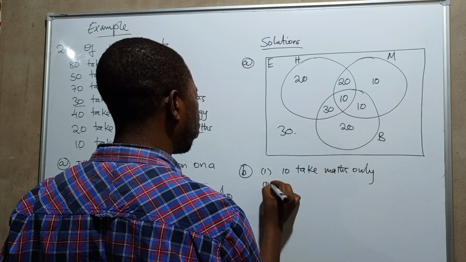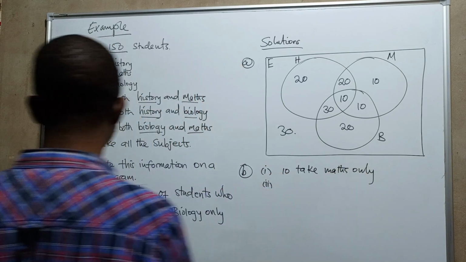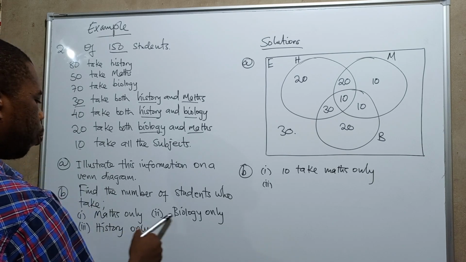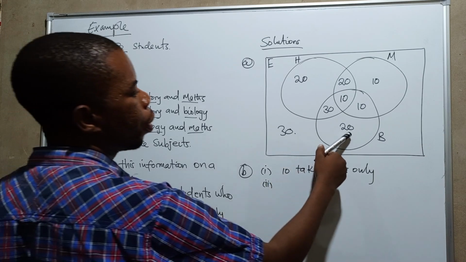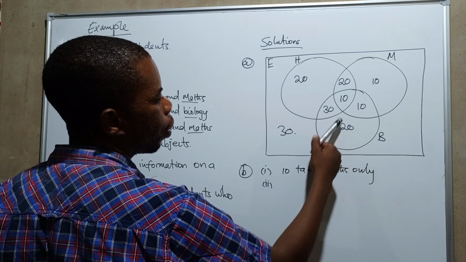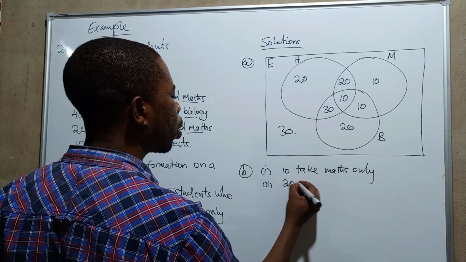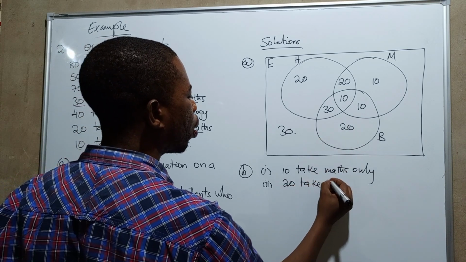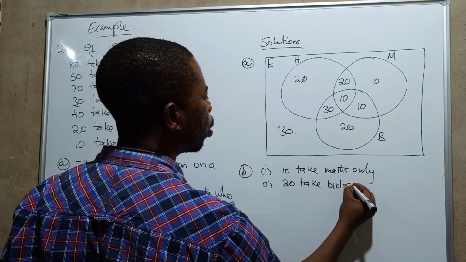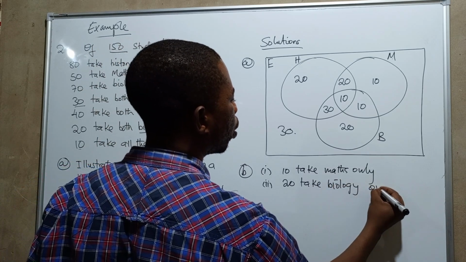Then two, those who take biology only, they are here, 20. So 20 take biology only.